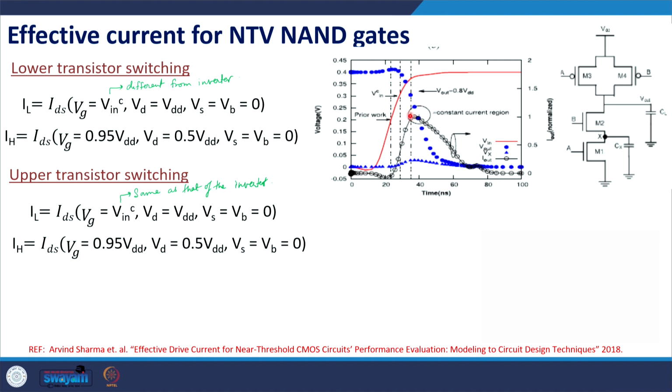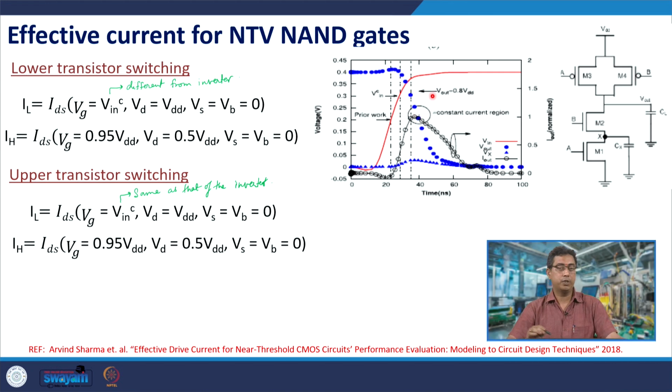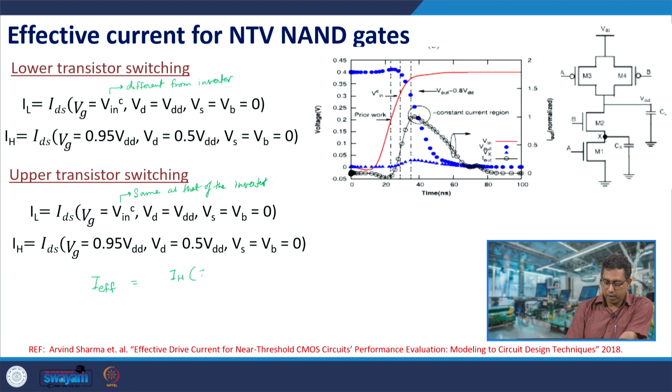And from 80% of the output voltage value to 50% of the output voltage value, there is almost a constant current, and this happens for the inverter, for upper transistor switching in a NAND gate, and for lower transistor switching in a NAND gate. Therefore, the effective current model remains the same. So, the effective current model for the NAND gate would also be I effective equals IH into IL plus IH divided by 1.9 IH plus 1.1 IL.